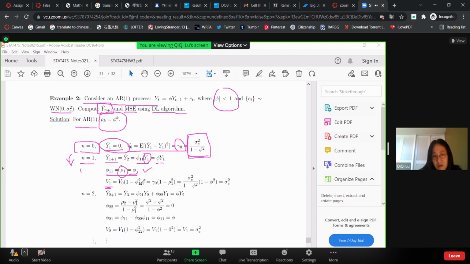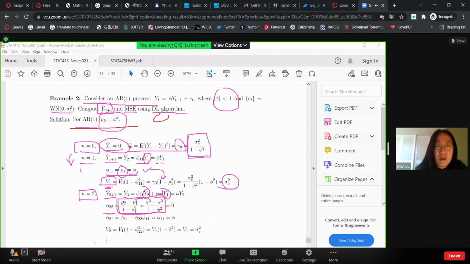So that's phi11 squared. So we just plug in all the numbers here. See, V1 is just the noise variance. And then we do n equals 2. So y(2+1) hat, that's y3 hat. This time you have two observations, right? Calculate two coefficients here. So phi22, by the formula, you can plug in all the numbers here.